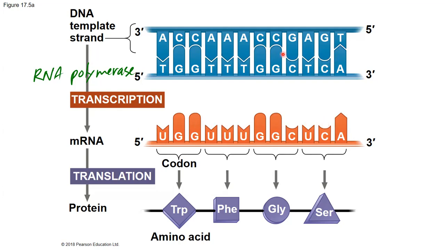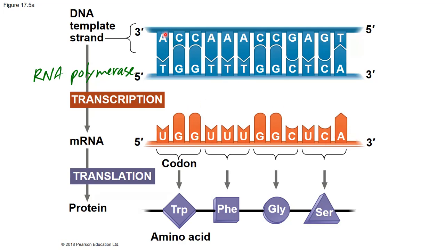So one of the strands will be called the template strand, okay? Because its sequence will be used by the RNA polymerase to build a complementary mRNA strand. So as you can see, this strand is complementary to this strand.